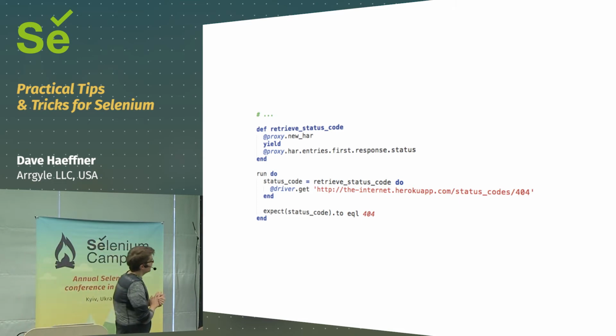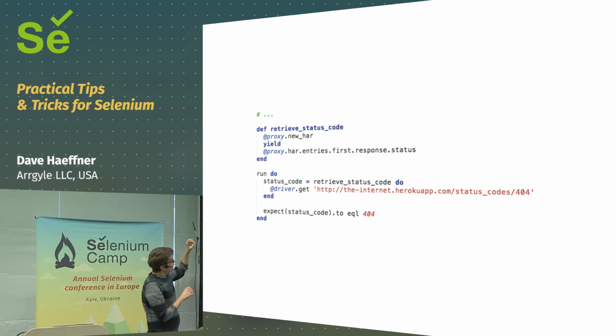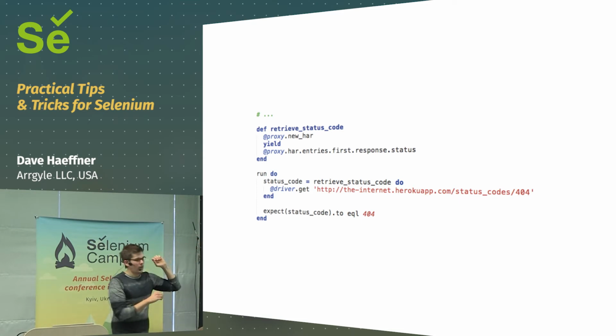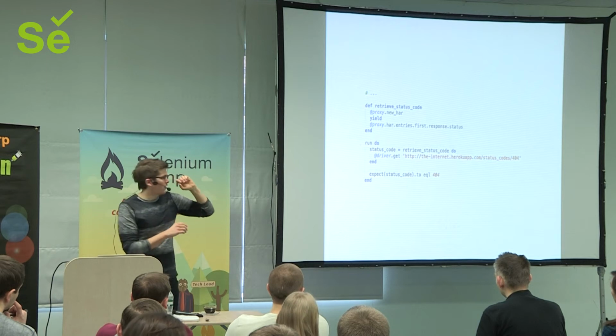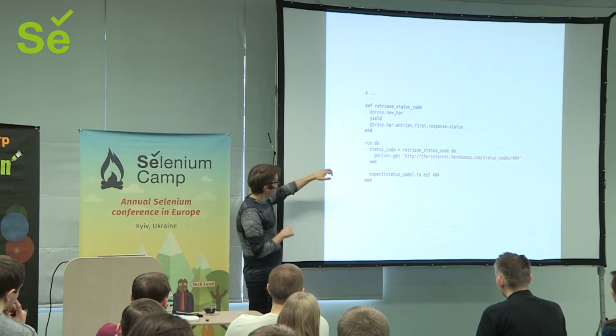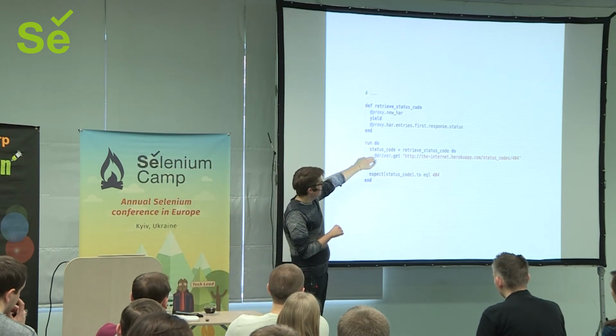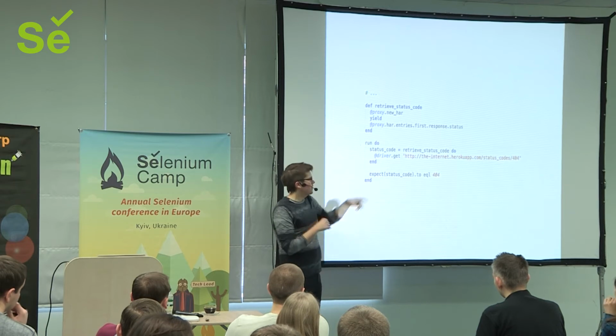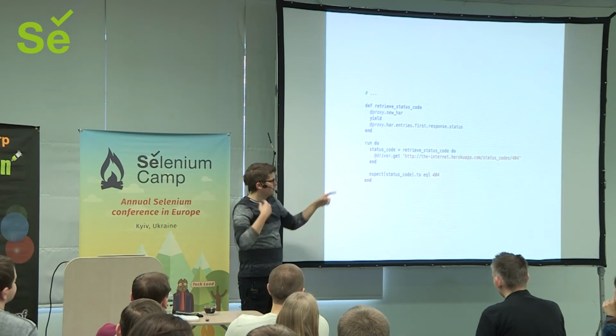And before that, we're wrapping an action where we're creating and getting an HTTP archive, which the command new_har does. And once the command executes, it grabs the response status out of it. So when that's applied in this test, it's loading this example page on the internet, this status codes page.